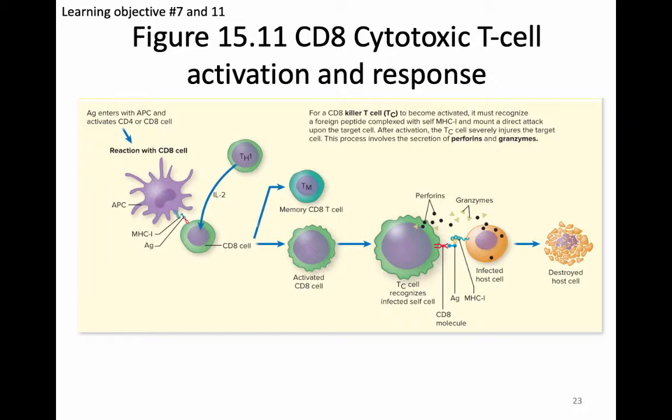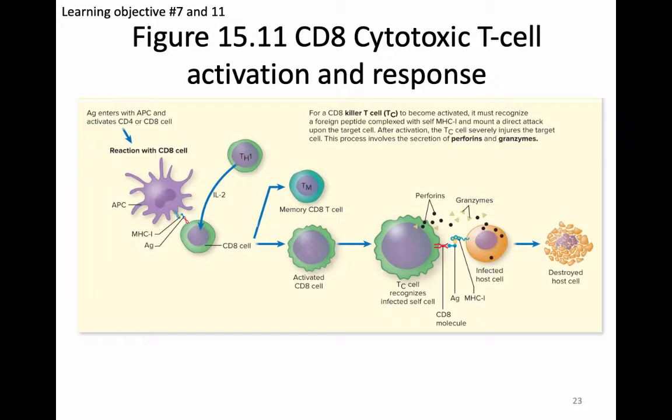When the endogenous antigen is presented on MHC type 1, the cytotoxic T cell will recognize it and will tell the infected human cell to destroy itself by apoptosis.